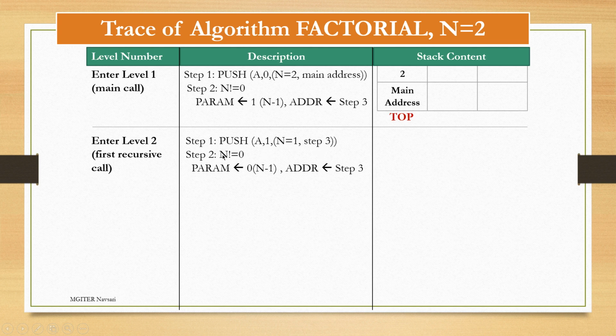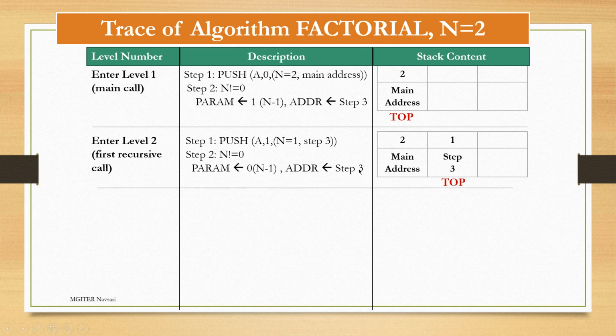Now in the second step check the condition of n not equal to 0. So again the parameter is 0, because n is equal to 1, 1 minus 1 is equal to 0, and the returning address is step 3. So now our stack looks like that, and from here the next step is to go to step 1.